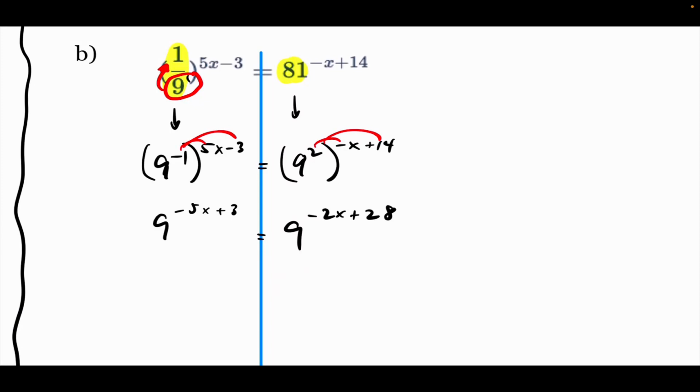Done with the big guys. Done with the powers. I don't need the powers anymore. They're equal. I already know they're equal. Set those guys equal to each other now.